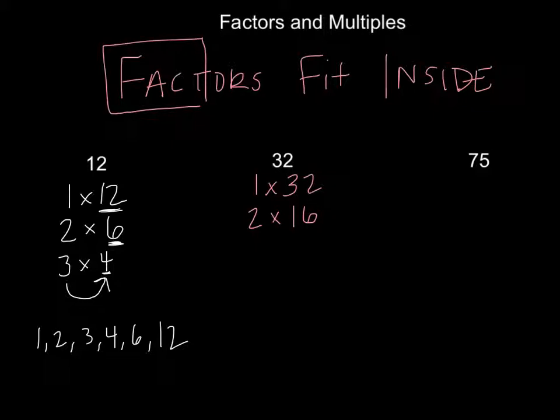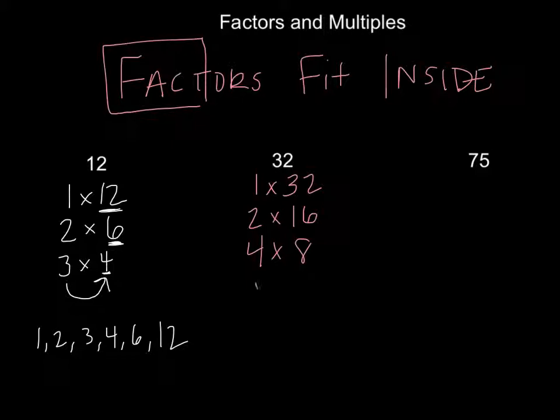This number cannot evenly be divided by 3, but 4 times 8 will also equal 32. Now I would check for the number 5. There's nothing that I can multiply 5 by that would equal 32. 6 and 7 also won't work.